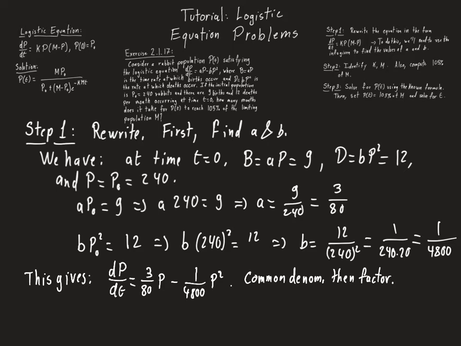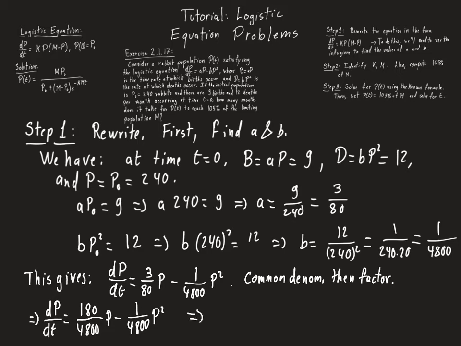So common denominator gives us that dp/dt is equal to, I believe this gives us 180 over 4800 times p, minus 1 over 4800 times p squared.